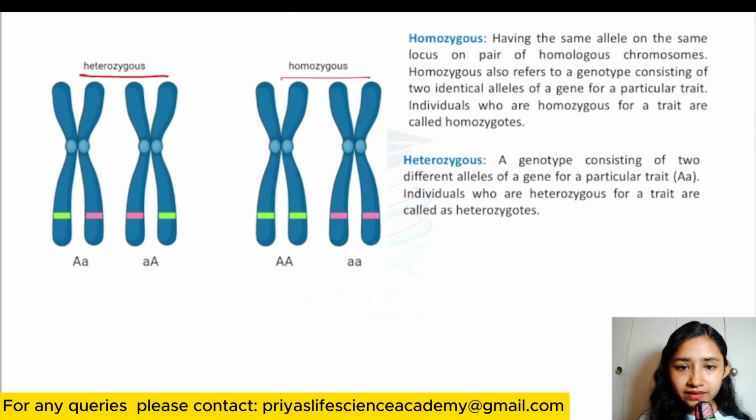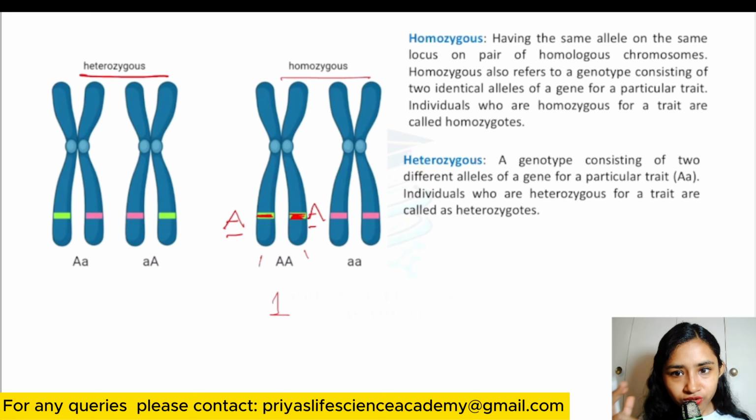Okay, here you can see that, for example, these two are chromosome number 1 and these 2 chromosomes' genes are present here. These are the alleles of each other, capital A, capital A. These two are same. Okay, that is 2 identical alleles of a gene for a particular trait.